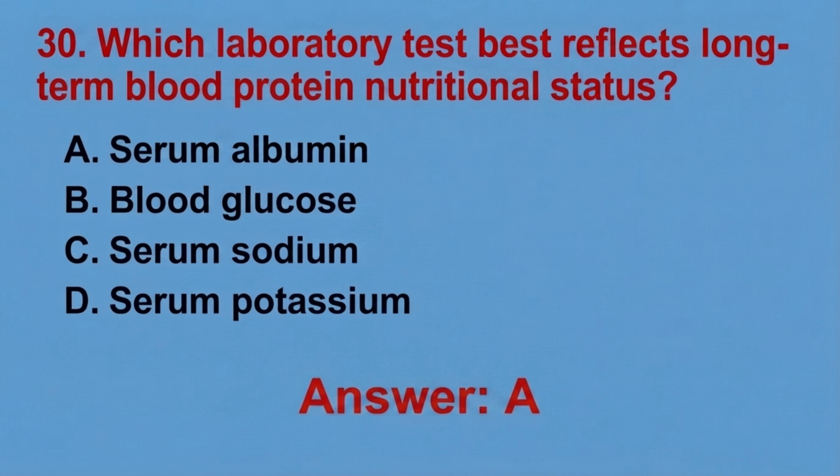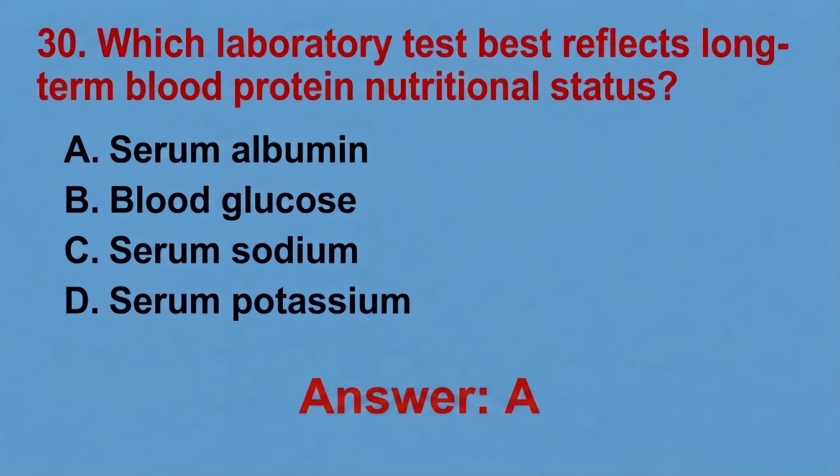Then why are the other options wrong? Why is option B not correct? Blood glucose measures carbohydrate metabolism and is not an indicator of protein nutritional status.